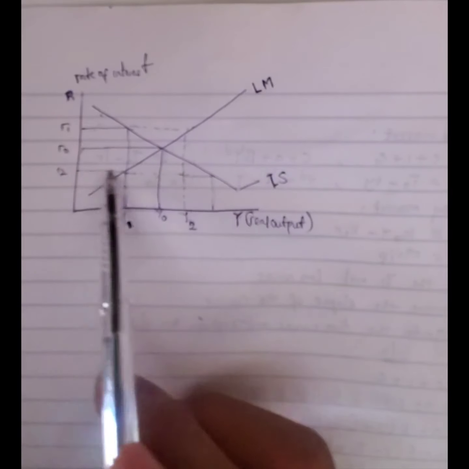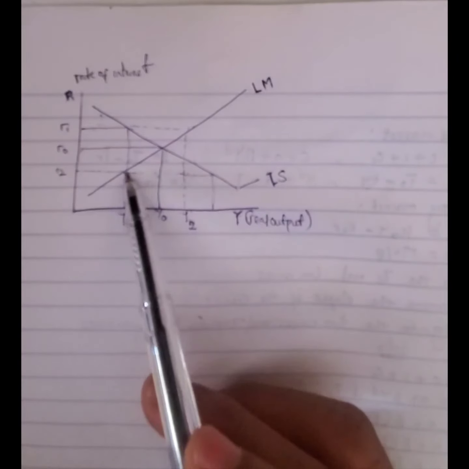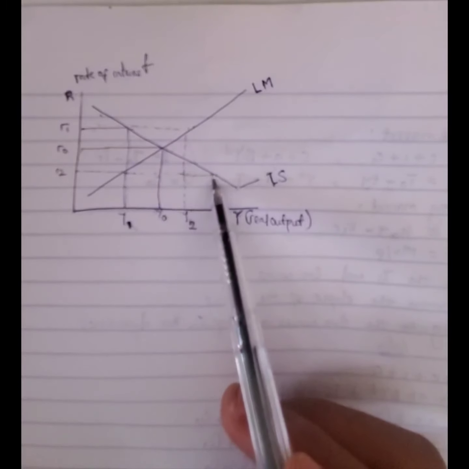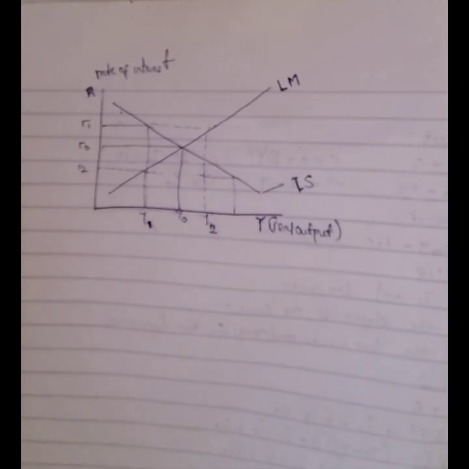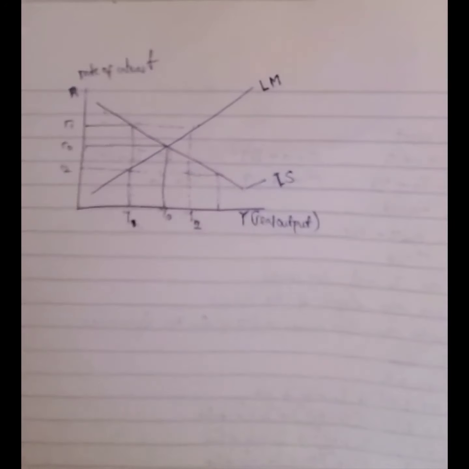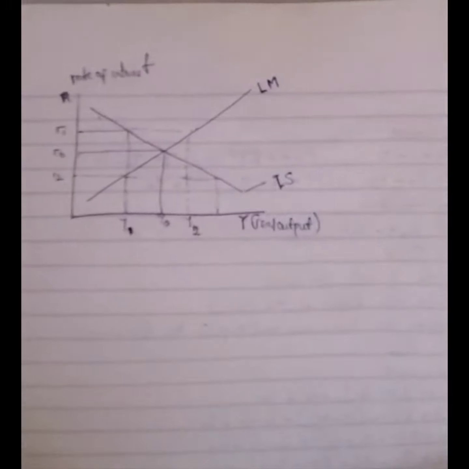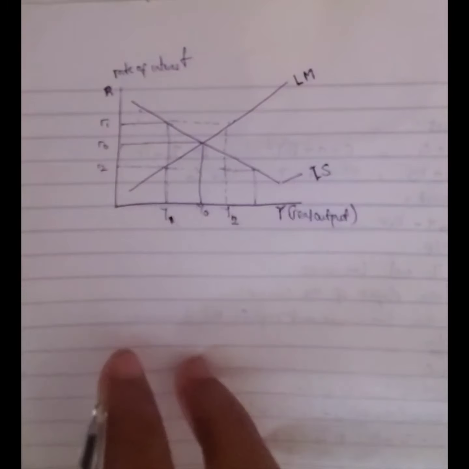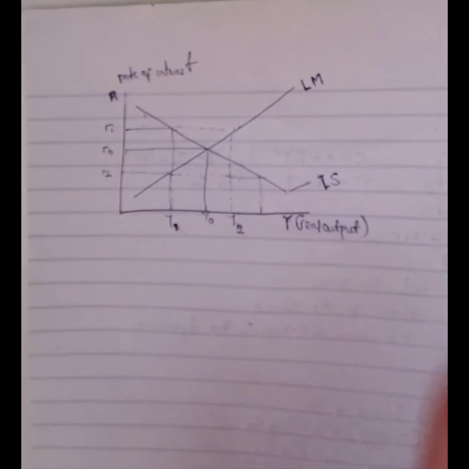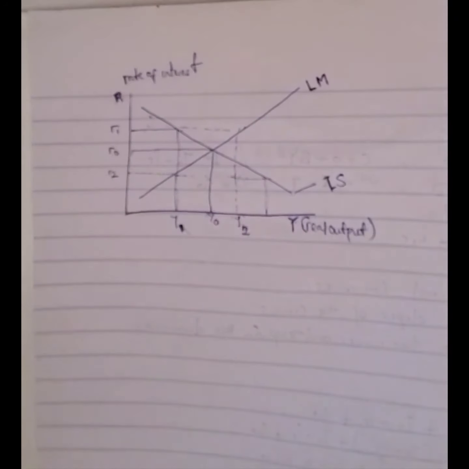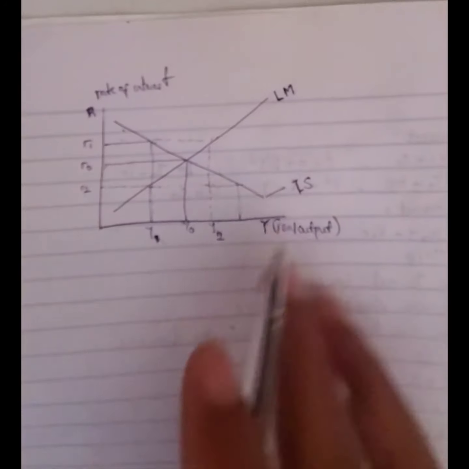For this model, our Y is below and our R is above. Don't forget, the negatively sloped, downward sloping line is our IS curve. Then we draw a line going up, positively sloped, that's our LM curve. At equilibrium we have R0, and at equilibrium here we have our Y0.